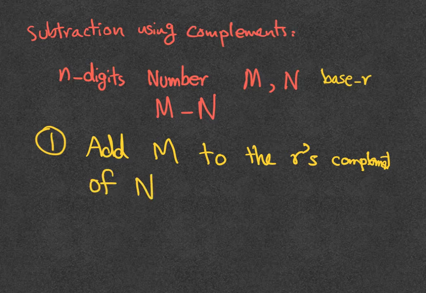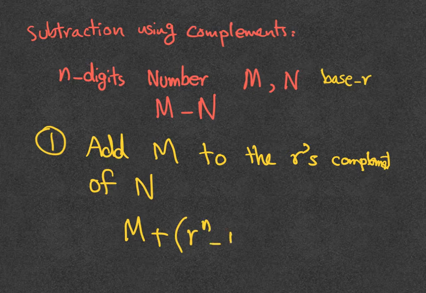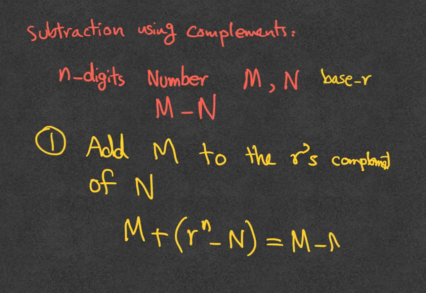The equation for this operation is going to have m plus the r's complement of n, which has this equation. That's the r's complement of n. So you can just write it m minus n plus r^n.